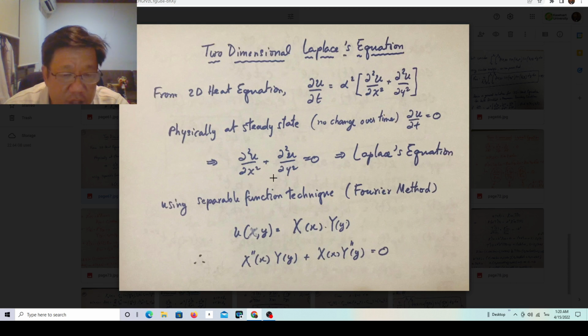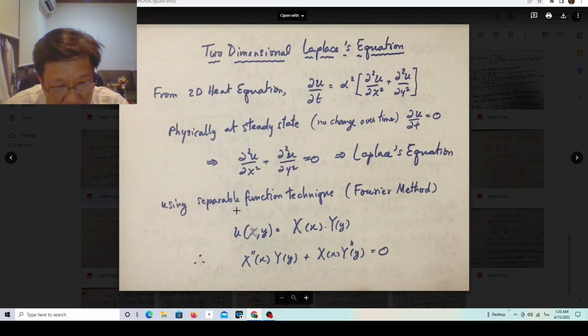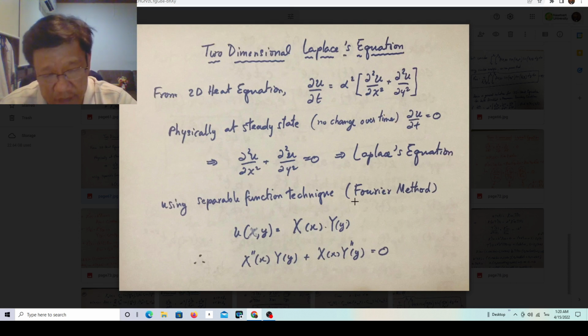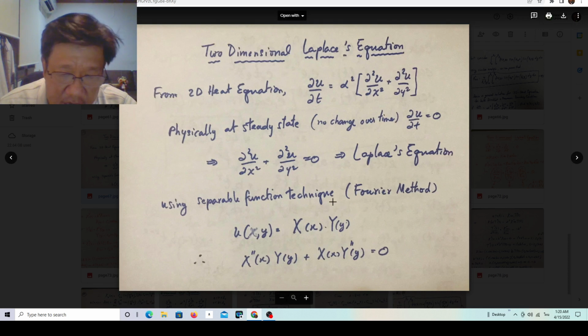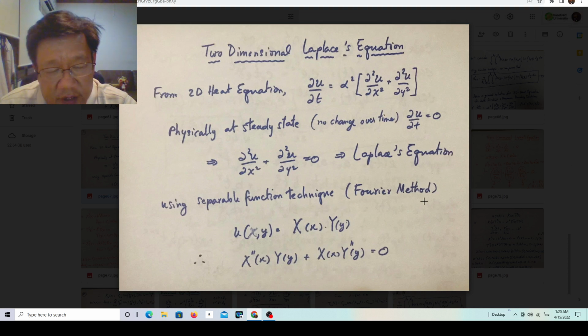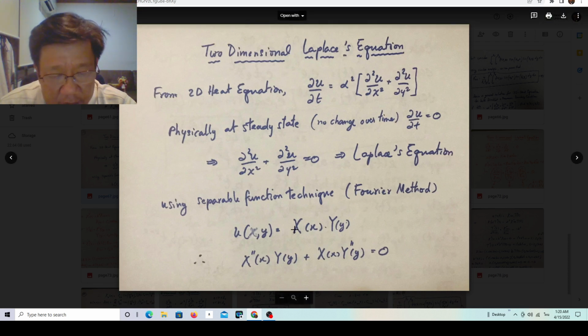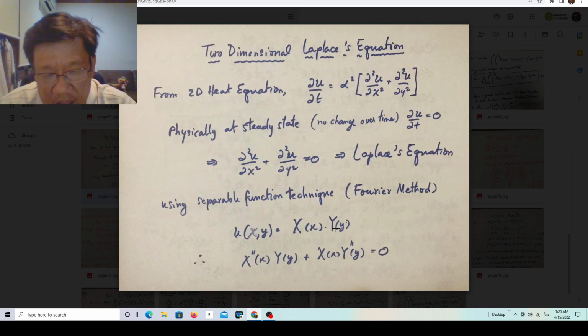We'll start by applying what we call the separation of variables technique, which in some textbooks is referred to as the Fourier method, the multiplication of separable functions that each rely on one domain. In this case, we're looking for a function u of x, y. Therefore, u of x, y can be represented as separate functions multiplied to each other, corresponding to each domain.